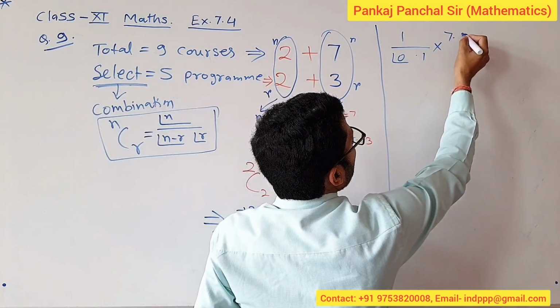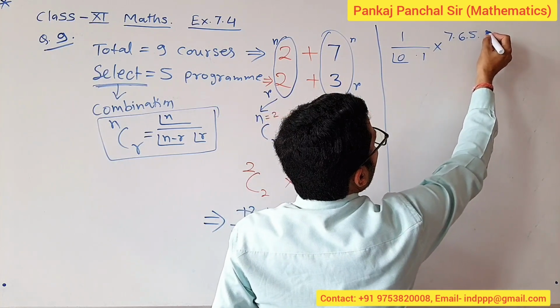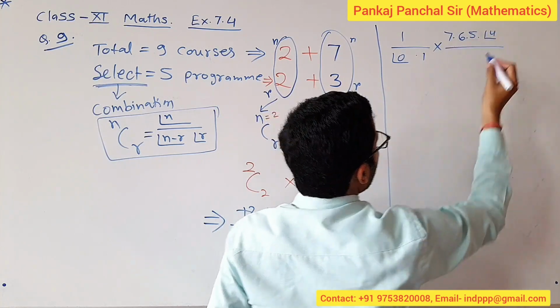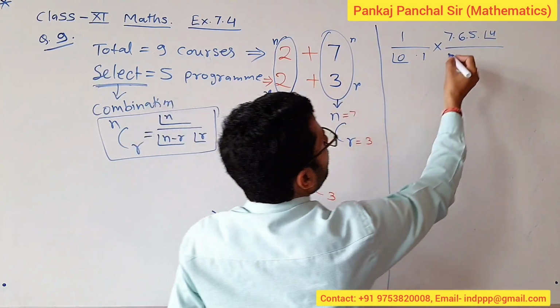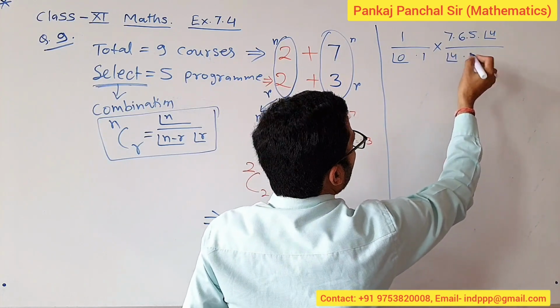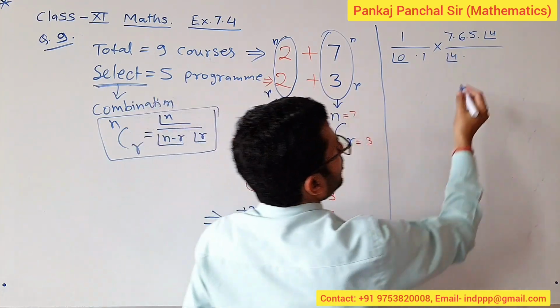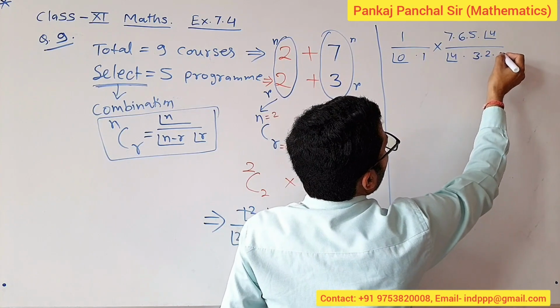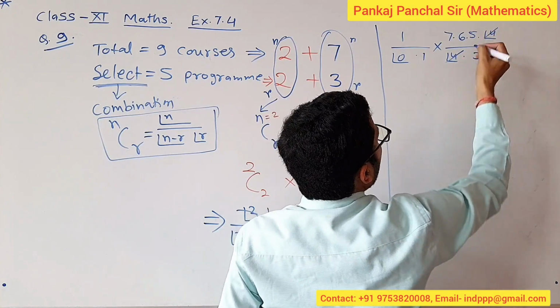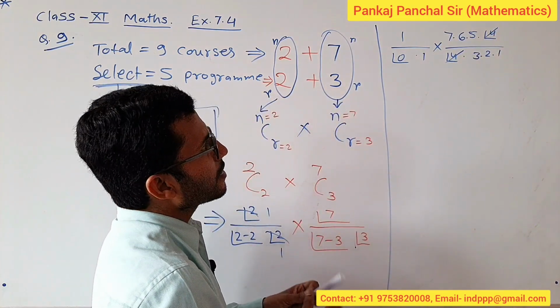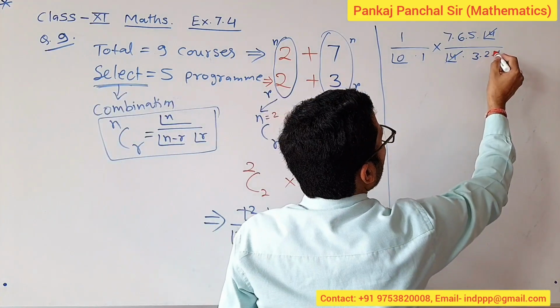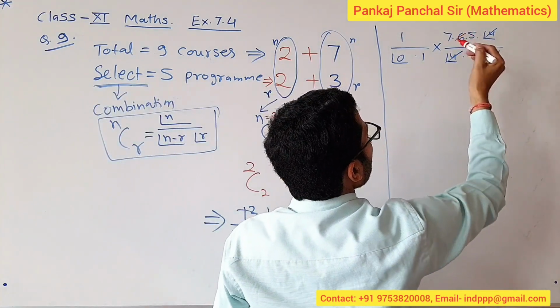Now 7 minus 3 is 4, so we can expand this: 7 into 6 into 5 into factorial 4, divided by factorial 4 into factorial 3, which is 3 into 2 into 1. Now this 4 and 4 will cancel out, and 3 into 2 is 6, so the 6s will cancel out.